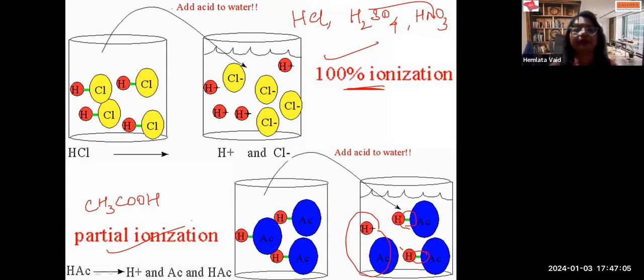Any doubt to anyone? You can write in the chat box so that I understand whether you have any doubt or not. No doubt.